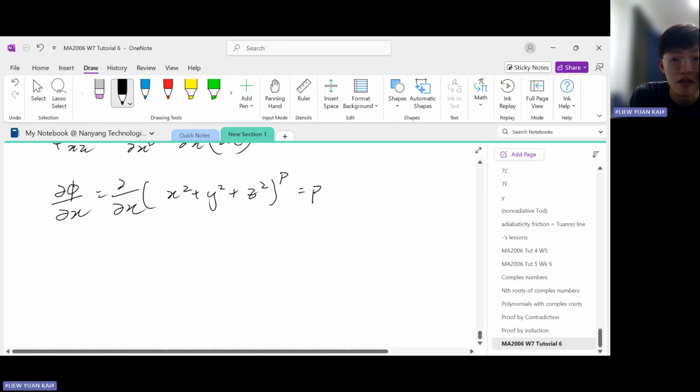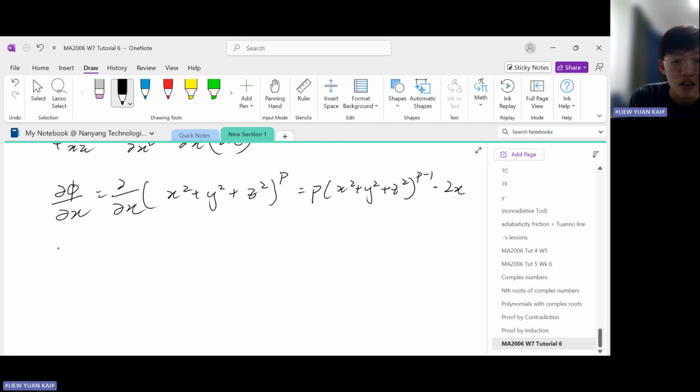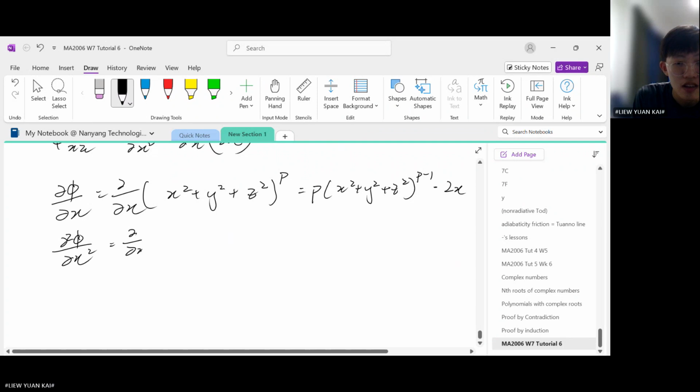So power brought down, power minus 1 times the differentiation of the inside, which is 2x. Now we need to take the second order derivative, which means we differentiate this result. So 2px, x squared plus y squared plus z squared.